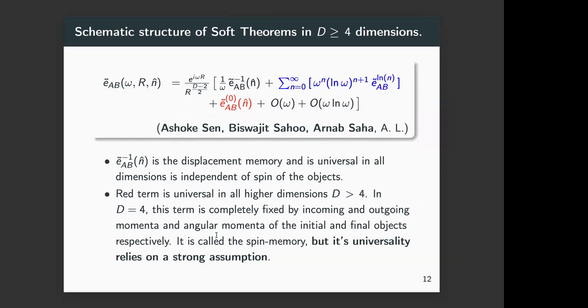So here is a schematic form of the soft expansion, and just for generality, I've written it in D dimensions, where D is greater than or equal to 4. I will discuss the differences that arise between 4 and higher dimensions.